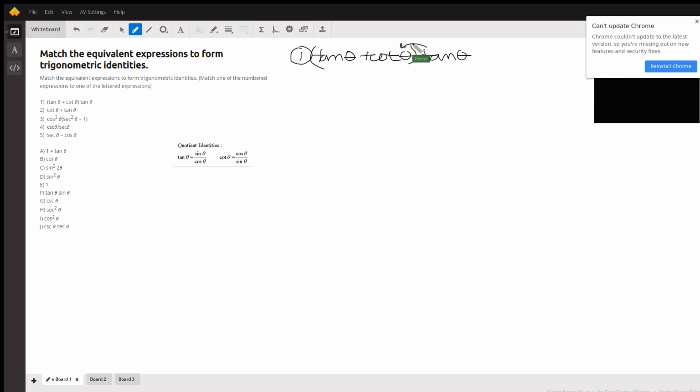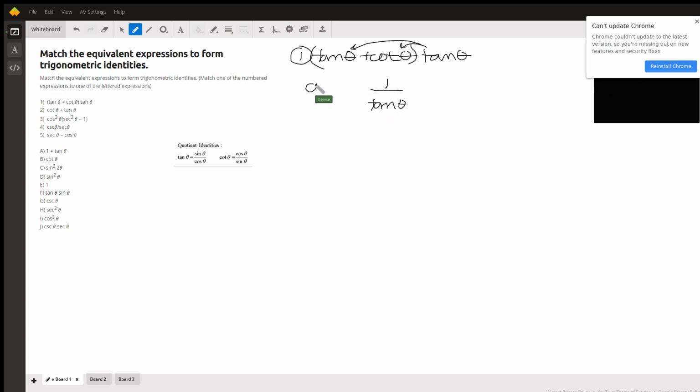So I'm going to do a few things with this first step here. I'm going to use the distributive property and multiply both these terms by tangent theta. The other thing I'm going to do is rewrite cotangent theta as 1 over tangent theta.